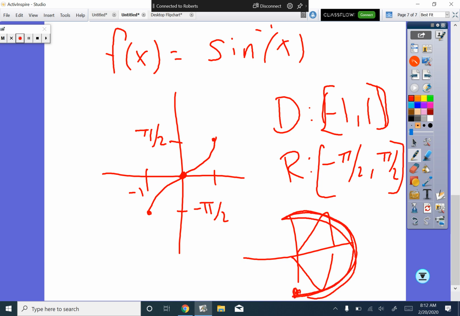Negative pi halves starts down here to pi halves here, and those are all the angles it'll give you. Why doesn't it give us an angle in quadrant 2? Because sine would be positive here and here too. Does that make sense? So that's the only place that gives us a positive and a negative.